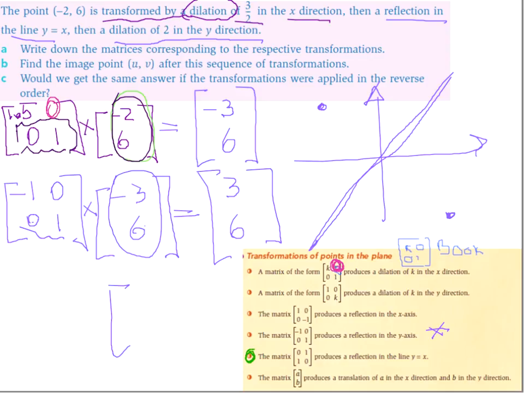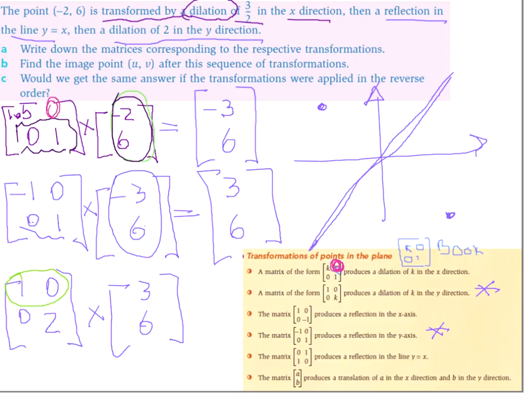Okay, so you take your answer, 3, 6, and then dilate by a factor of 2 in the y direction. It's a dilation again, so the matrix is 1, 0, 0, and instead of k, we would have 2. Okay, and again, when you multiply matrices, you take the first row and multiply by the column.